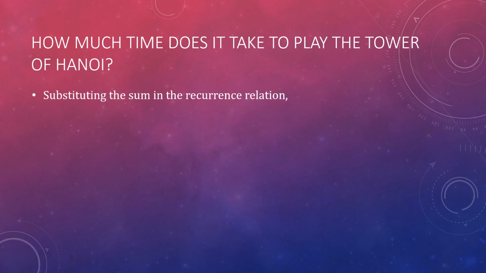So substituting the sum in the recurrence relation, Tn is 2 raised to k Tn minus k plus 2 to the power k minus 1. Now look at Tn minus k. I want to be able to place the base case here.